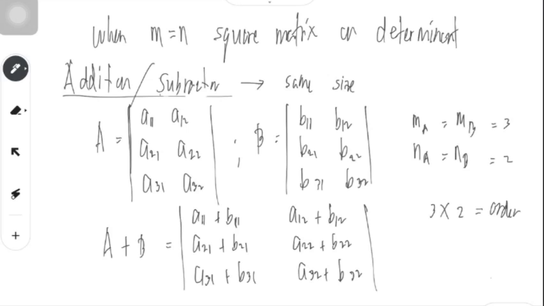Same size or they are of the same order. Okay? So if we're going to subtract, simply take the difference. That is the addition and subtraction of a matrix. What about the multiplication?